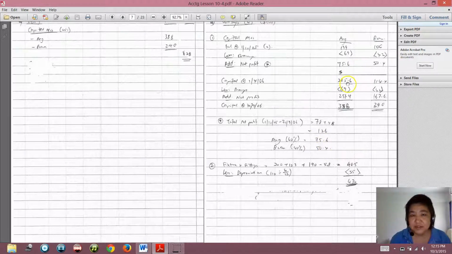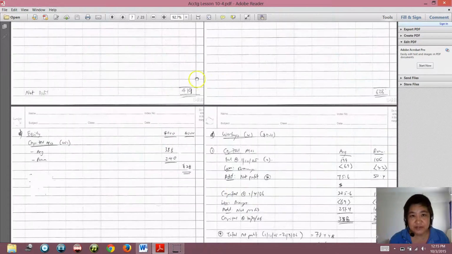Okay, so then this is the corrected capital at 1st April 2006. And then again now we'll roll forward, so you less drawings, and then you add the net profit for the 6 months period. How do you add the net profit?